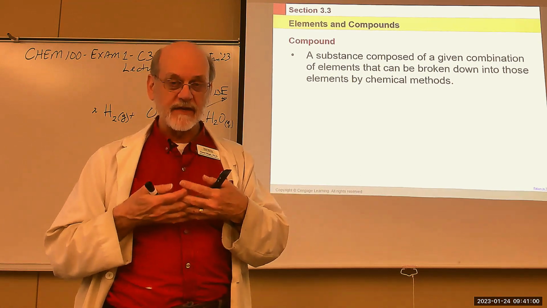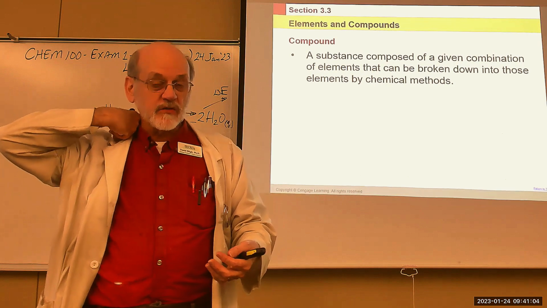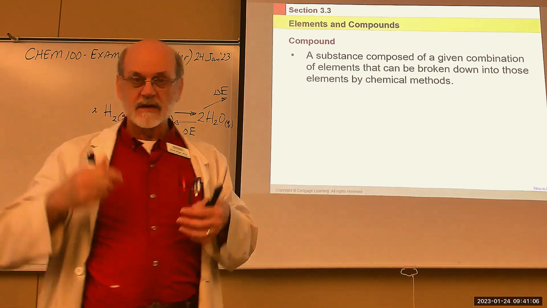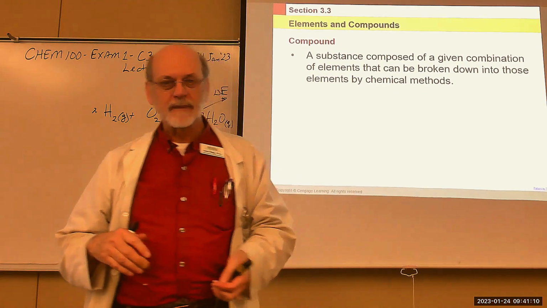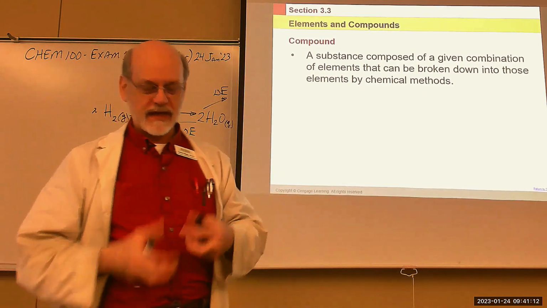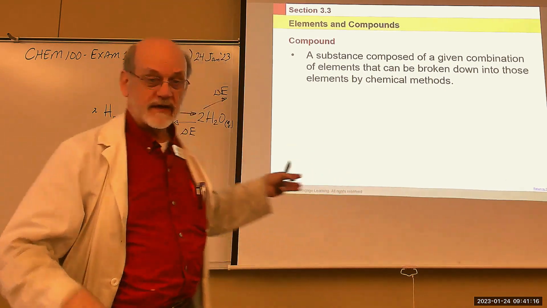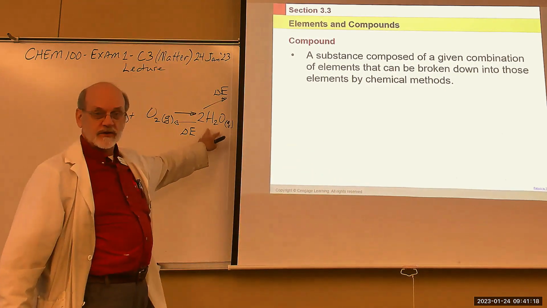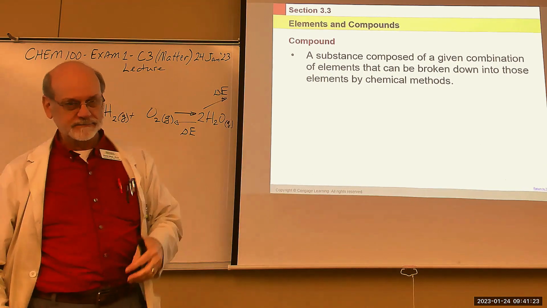They are bonded together to form a new substance that has unique characteristics. It's different from the elements from which it's composed. And it can be broken down into those elements. So that's what we did with electrolysis. We took this compound and broke it down into these elements.